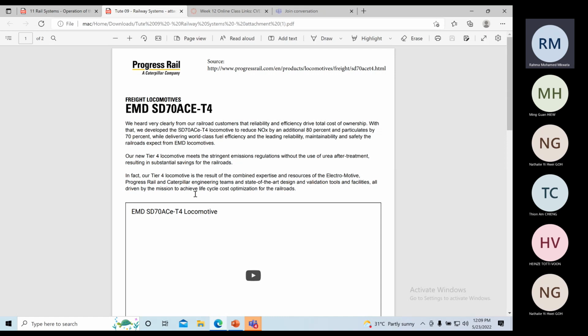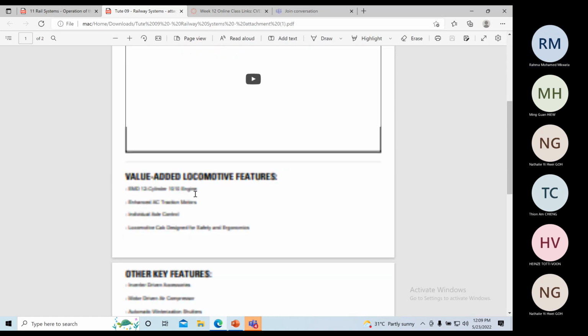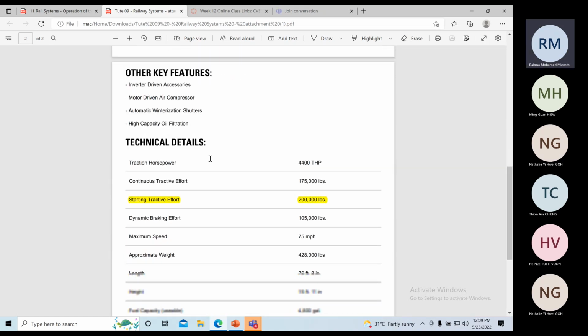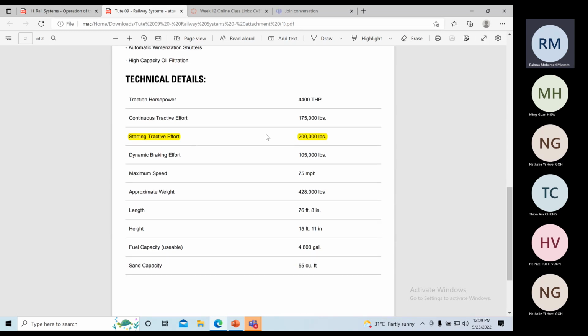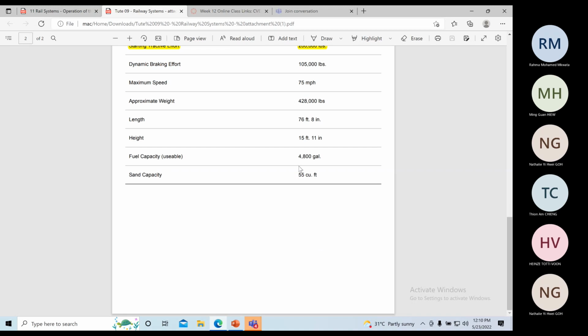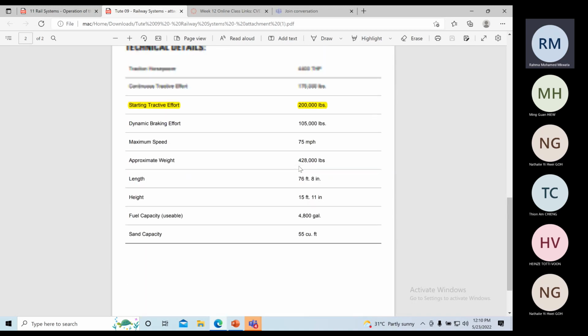So from this part, in particular, we look at the technical details, and the starting tractive effort is 200,000 pounds. This is the starting tractive effort. The other information is not that important, so we just look at this tractive effort.